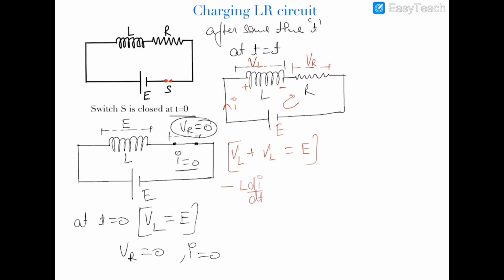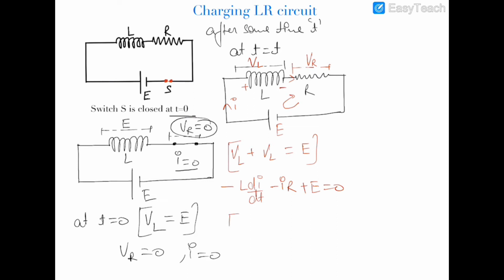See, I am moving from plus to minus across this inductor, therefore I am using this negative sign. So this is minus L di by dt, and I am moving in the direction of current through this resistance, so it is minus IR, and this is plus E, which is equal to 0.